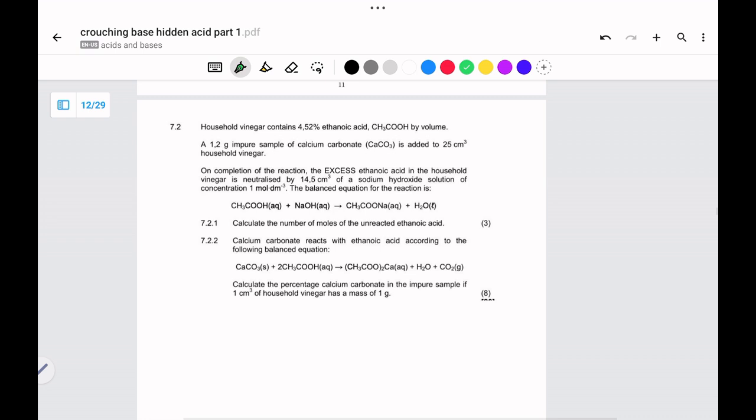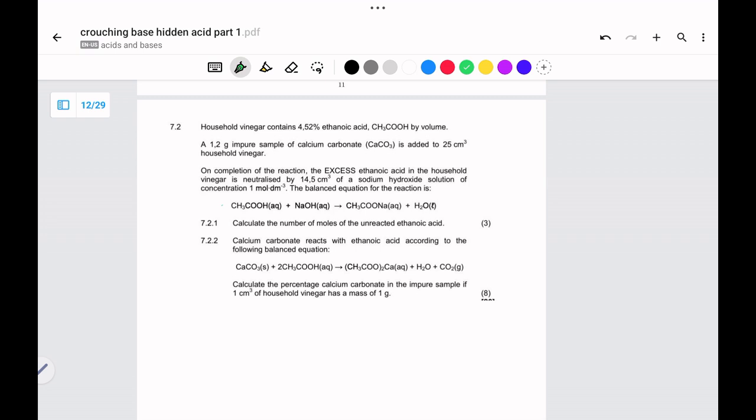On completion of the reaction, the excess ethanoic acid in the household vinegar is neutralized by 14.5 cubic centimeters of a sodium hydroxide solution of concentration 1 mole per cubic decimeter. The balanced equation for the reaction is, and they give it to us, and then we have a 3 marker and an 8 marker.